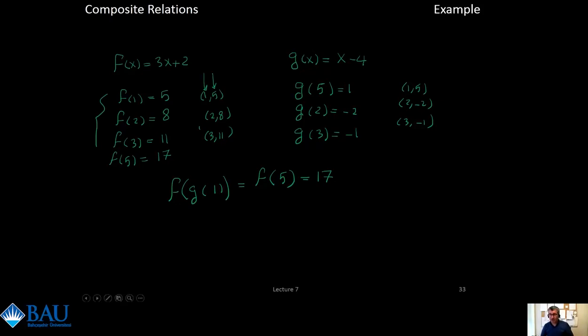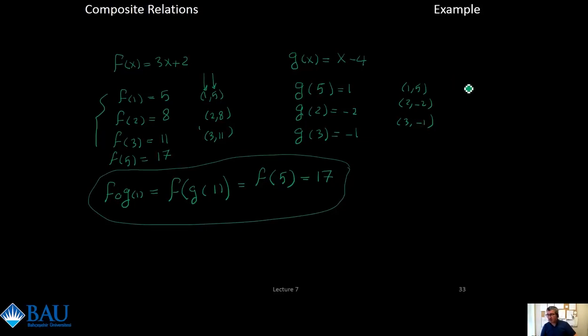We call this f∘g, at the point 1. So f∘g means inside of f there is another function, whose name is g. If you don't know this function, you can play with it this way. Look at it: we have 1 and 5, and also we have 5 and 17. This is in function g, this is in function f.